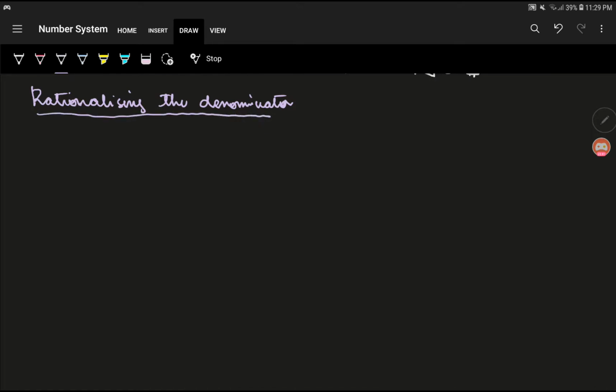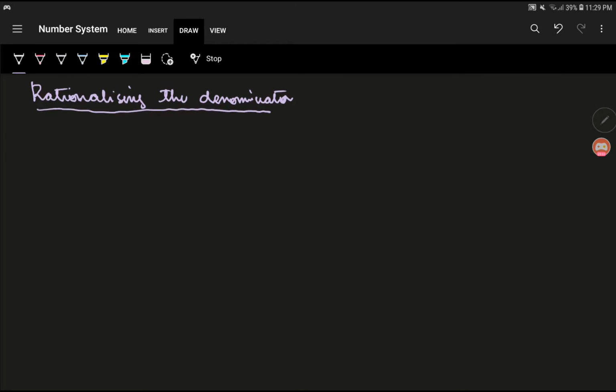Okay, in order to explain rationalizing the denominator, I will give you one example. Let's say we have, in brackets, surd 3 plus 2, multiplied with another bracket, surd 3 minus 2.